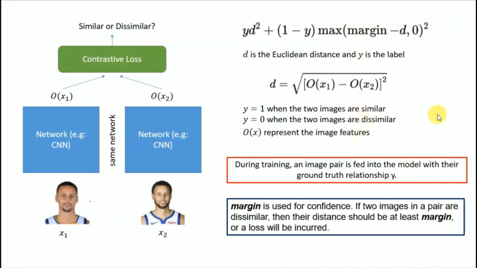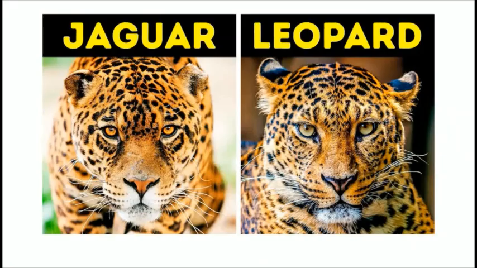So this is, again, to introduce discriminability. If you want to take an example, imagine we have two images, one of a jaguar and one of a leopard. You want to train the model to discriminate between these two images. As you can see, these two images are very similar to each other. If you don't introduce the margin, then your model might predict that these two images are similar.